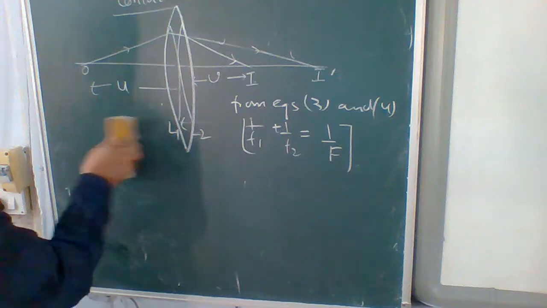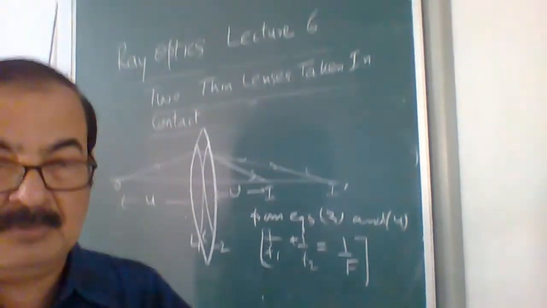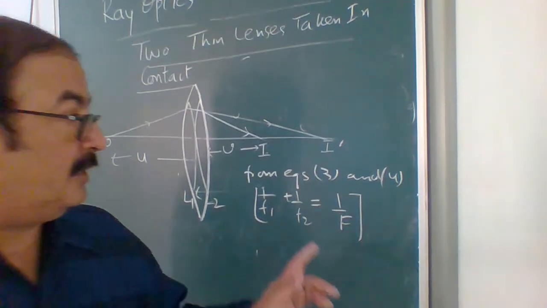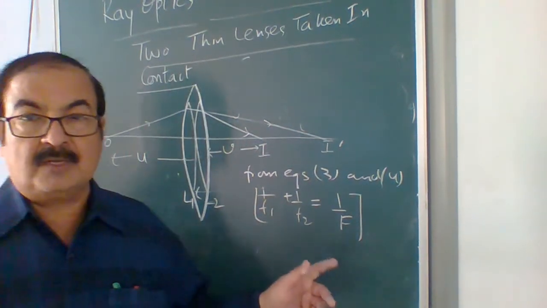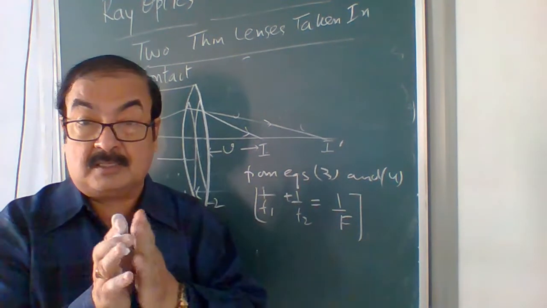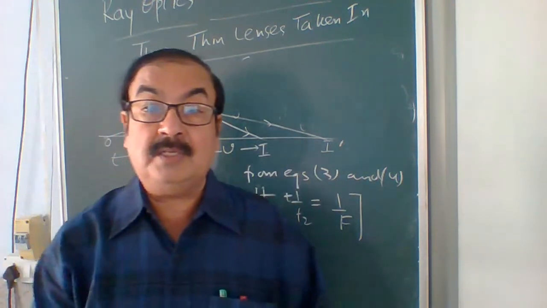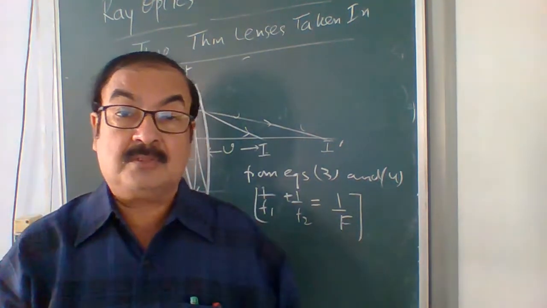Remember, whenever we take two thin lenses, we have a common formula that 1 upon f is equal to 1 upon f1 plus 1 upon f2. This is possible only when they are taken in contact. If they are taken separately, then we have to calculate u, v, f, etc. to find out such a situation.